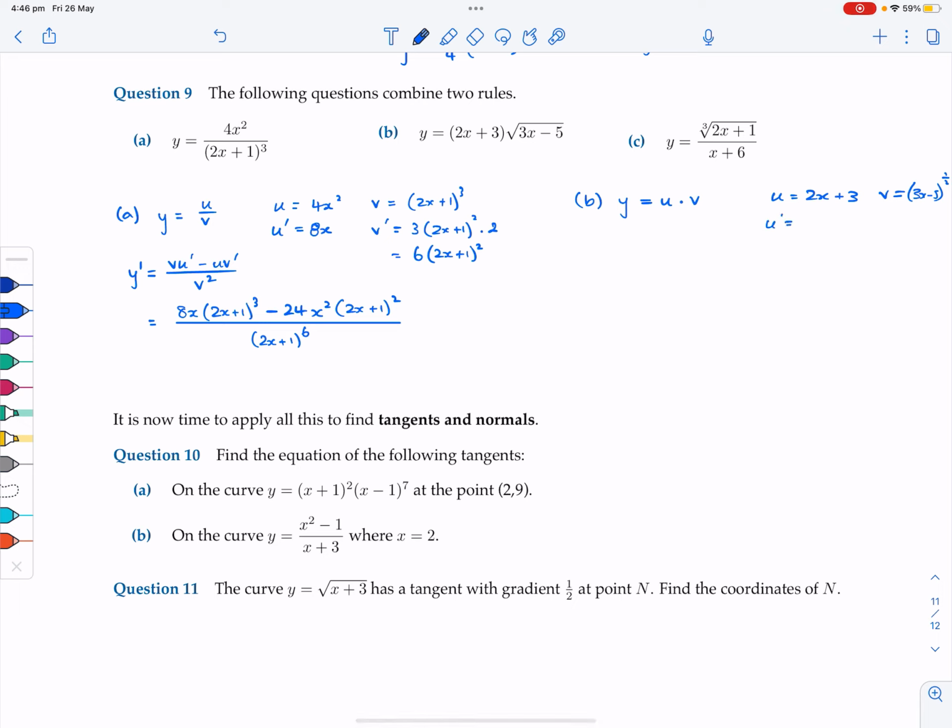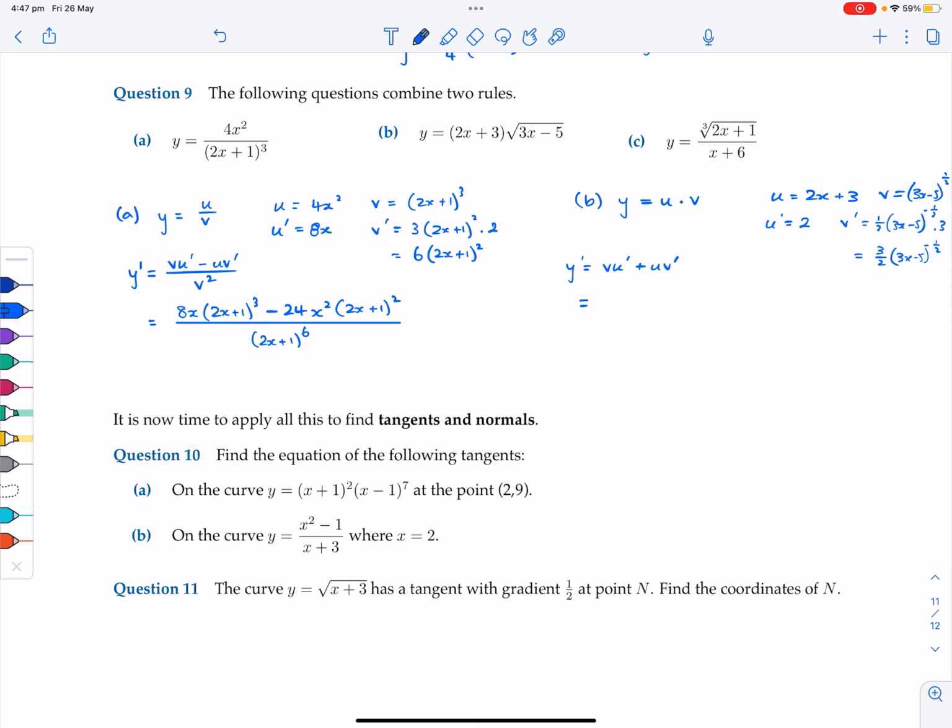U dash is 2, and v dash is half 3x minus 5 to the negative half times 3, which is just 3 halves, 3x minus 5 to the negative half. All right, so y dash is VU dash with a plus because it's a product rule.